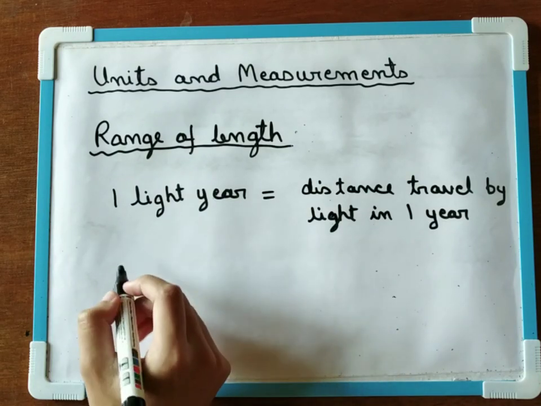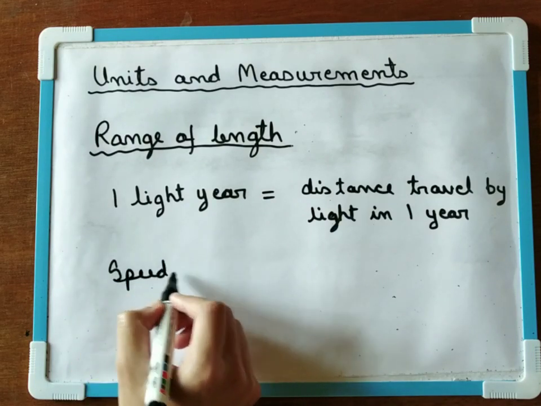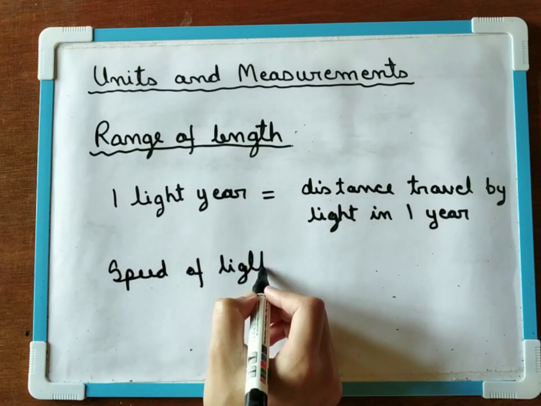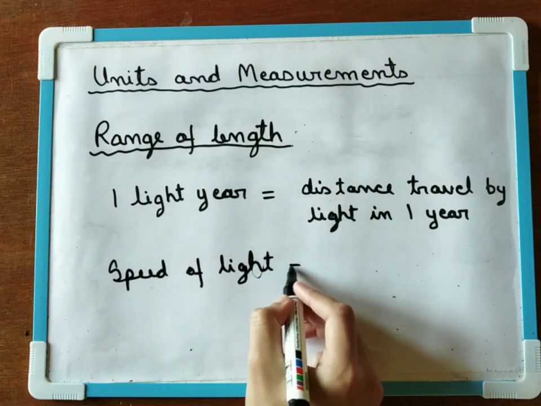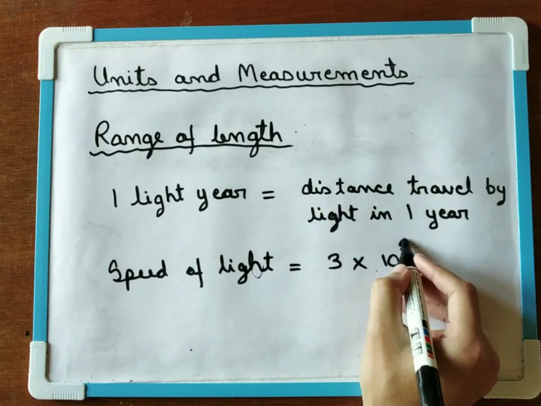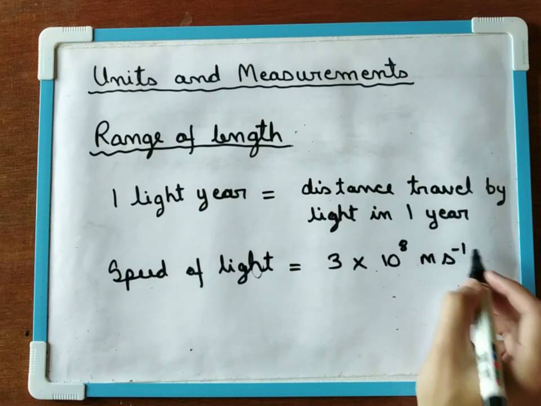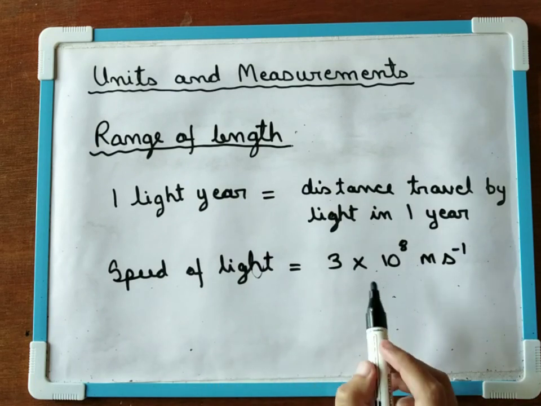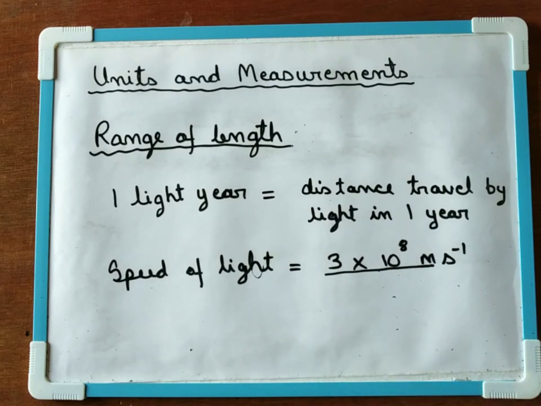Now, what is the speed of light? We all know that the speed of light is equal to 3 into 10 to the power 8 meter per second. So this means that light travels a distance of 3 into 10 to the power 8 meter in 1 second.